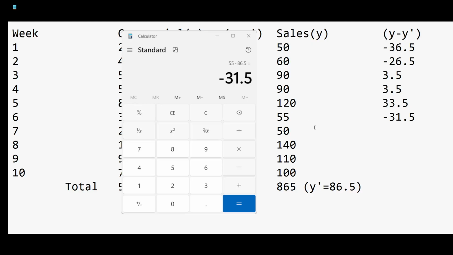Then 50, that we already have here. 50 is minus 36.5.